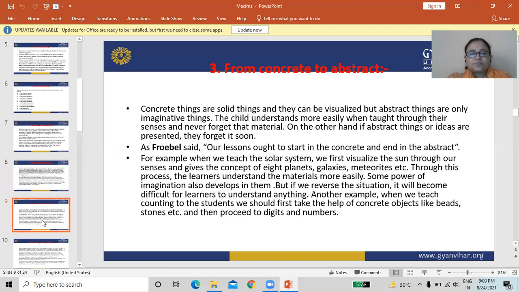For example, when we teach the solar system, we first visualize the sun through our senses and then give the concept of 8 planets, galaxies, meteorites, etc. Through this process, the learner understands the material more easily.